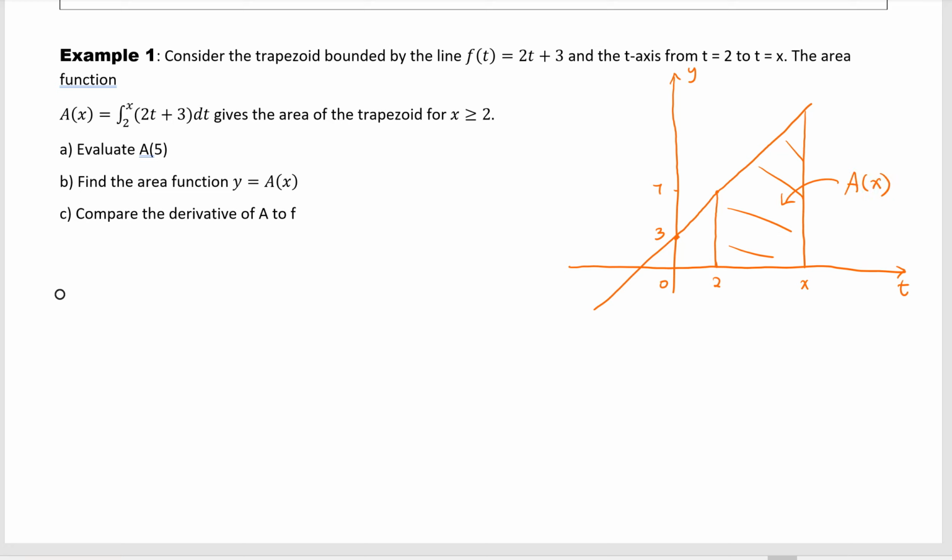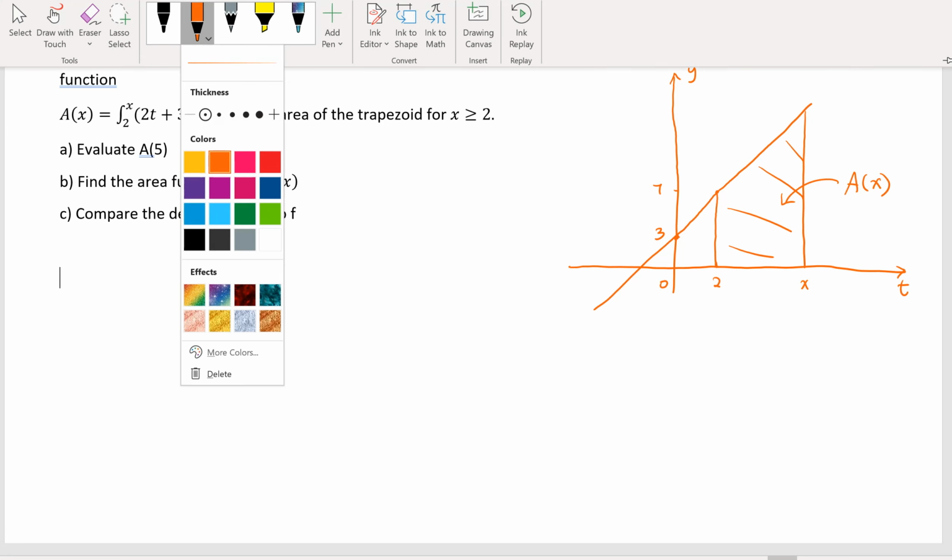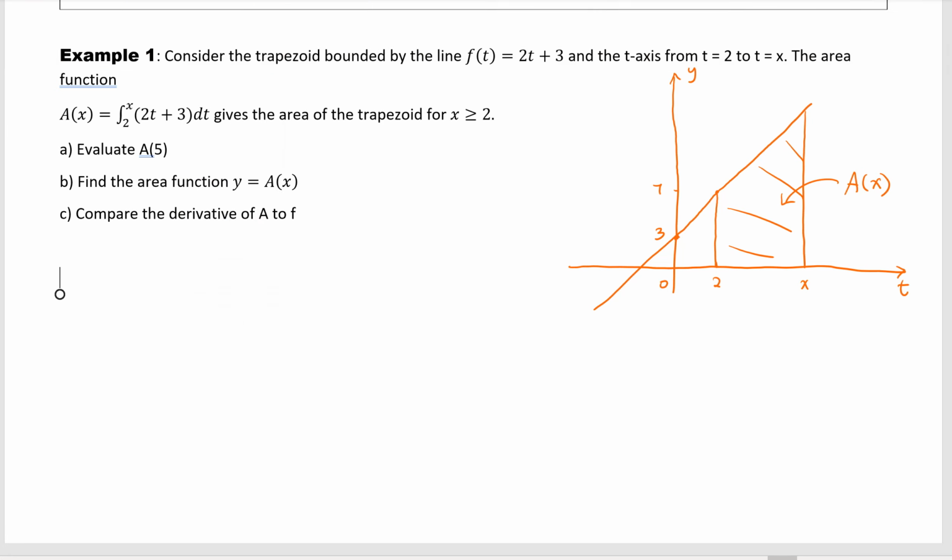So you can see this is actually the area of a trapezoid. Do you know the formula for the trapezoid? Let me remind you. For a trapezoid, let's say this is a, this is b, and the height is h. How do we calculate the area of a trapezoid? Well, you take another copy of it and flip it down.